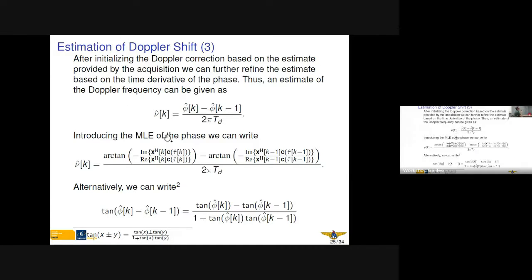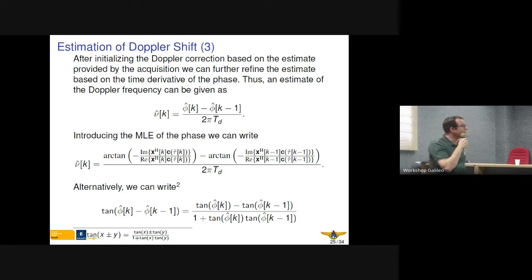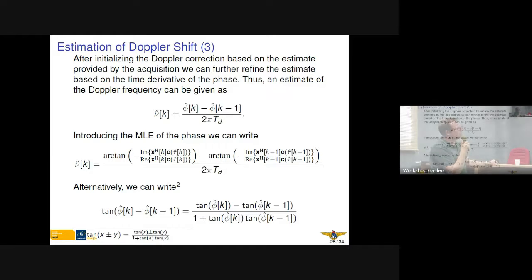Yeah, how can we derive a Doppler frequency now? We can use the initialization of the acquisition, and then we can further refine this frequency by using the time derivative of the phase, because the derivative of our phase phi is the phase of the output of the prompt correlator.